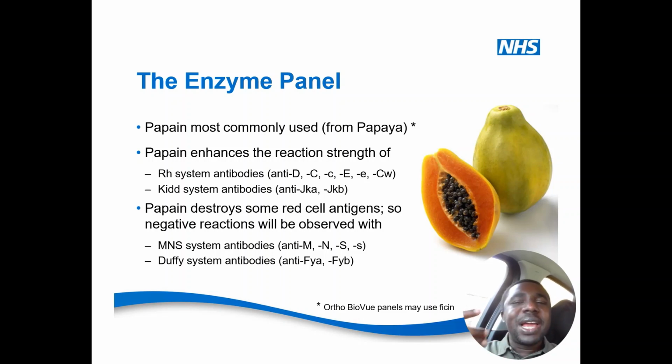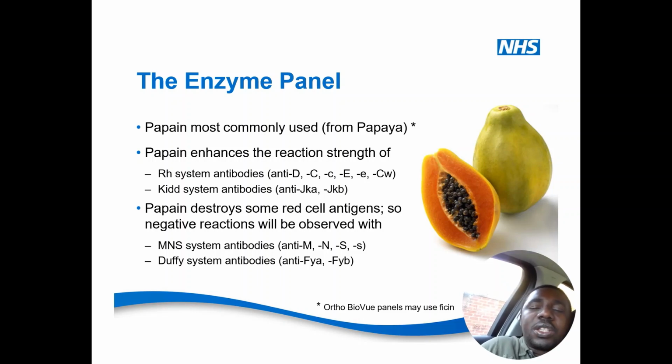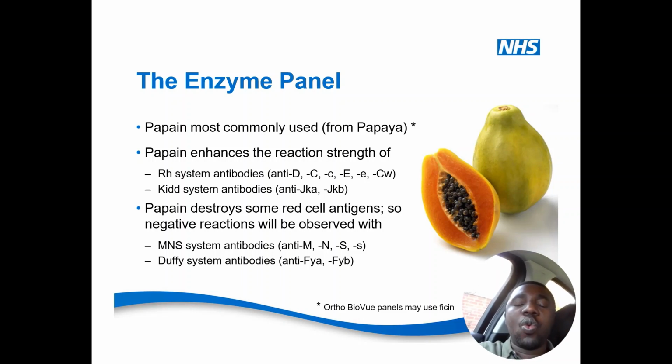Now, I did mention enzyme panel. Okay, when we were looking at antibody panel, that should be part 1. But I just decided to include this here because in this enzyme panel you are going to see that it is basically talking about enzyme treatment with papain. Okay, so they are used because they contain some enzymes, and that's why they use them to make that enzyme panel.